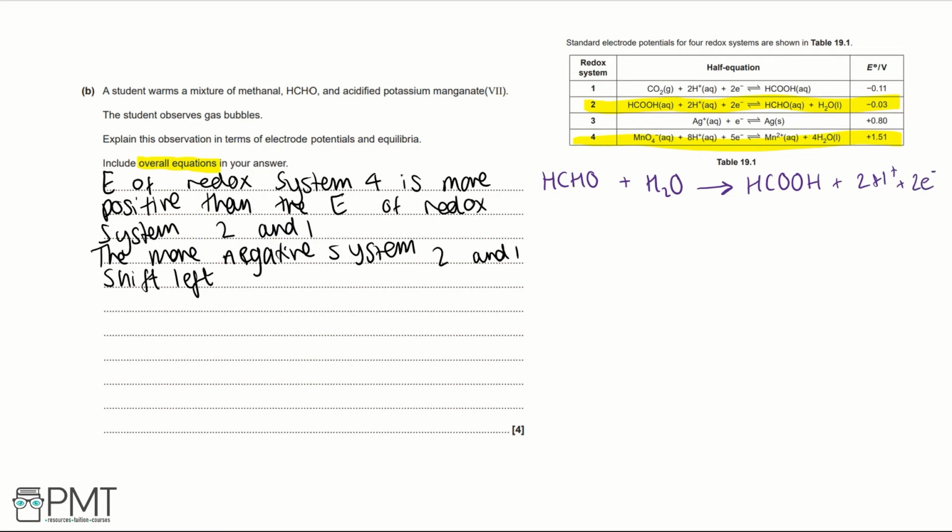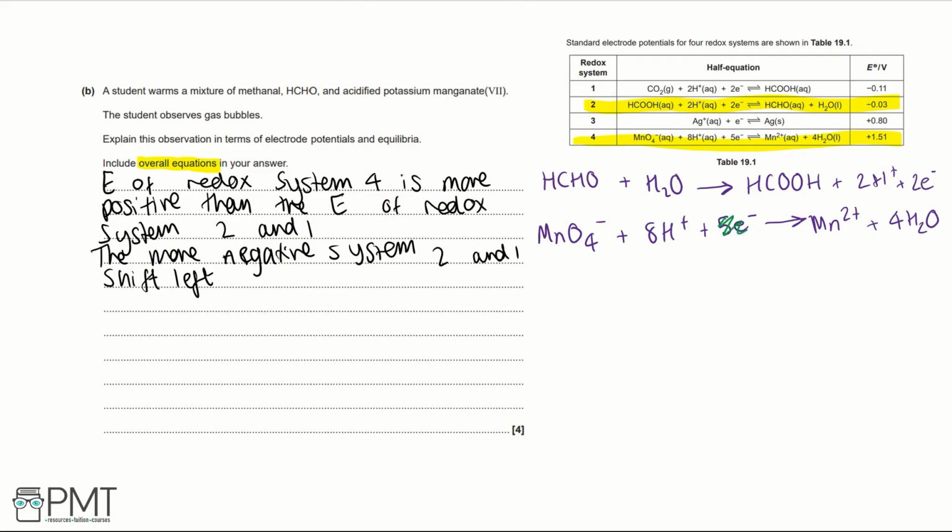Then rewriting redox system 4, we get MnO4- plus 8H+ plus 5 electrons, and that produces Mn2+ plus 4H2O. So this one's shifted right. Now we need to scale the two equations so that the electrons have the same number.